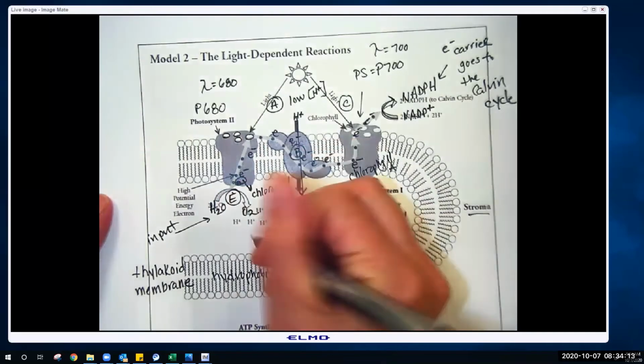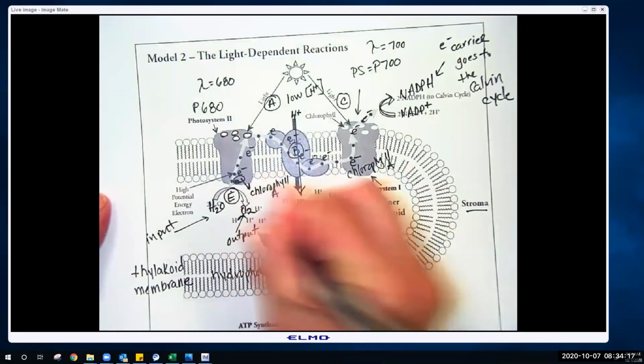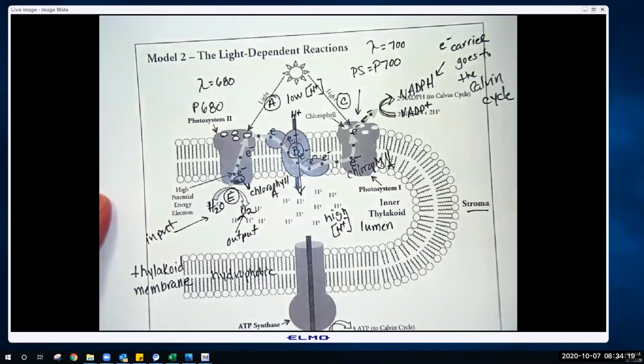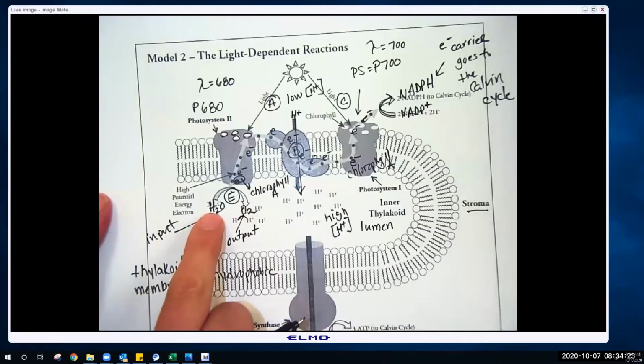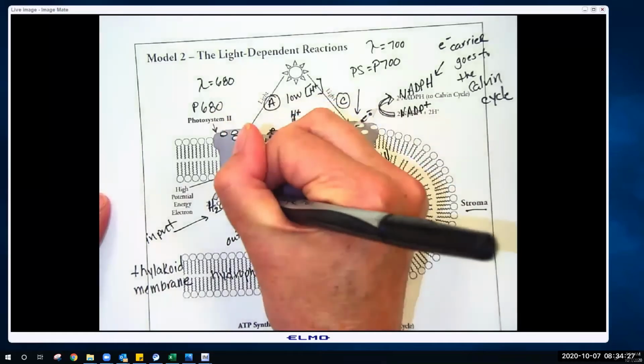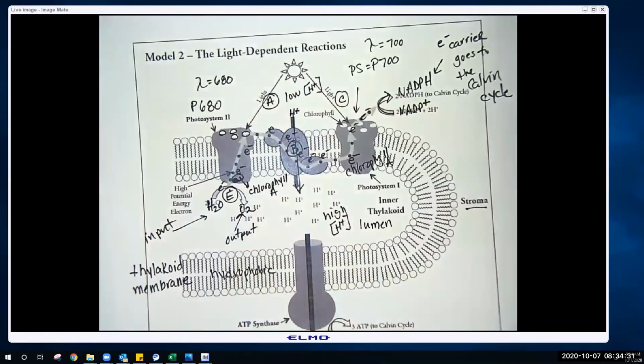And this is our output, our product of photosynthesis. So here's our reactant, here's our product, and what water is doing is donating its electrons to chlorophyll A, filling that hole that chlorophyll A had.